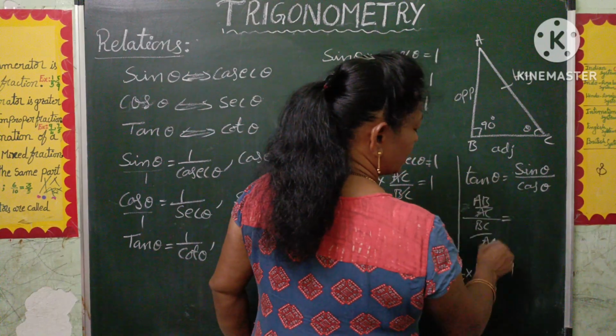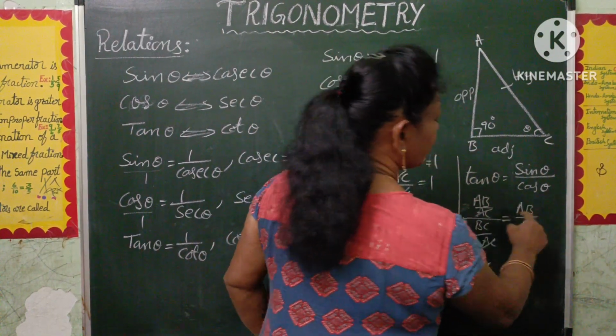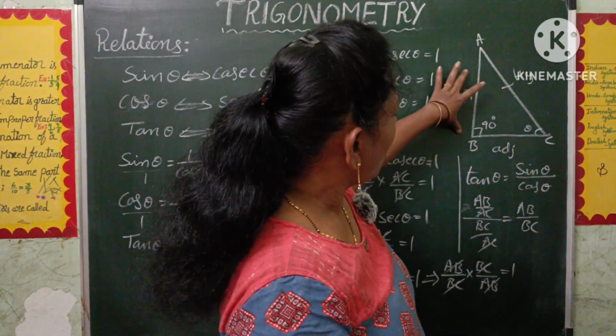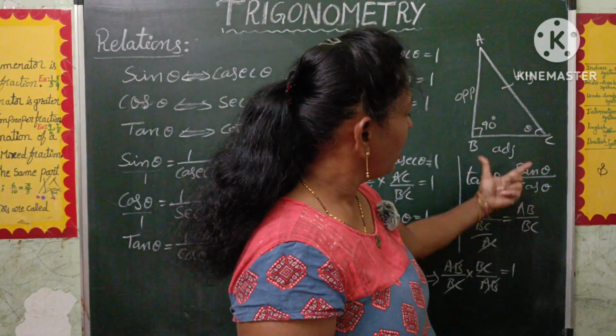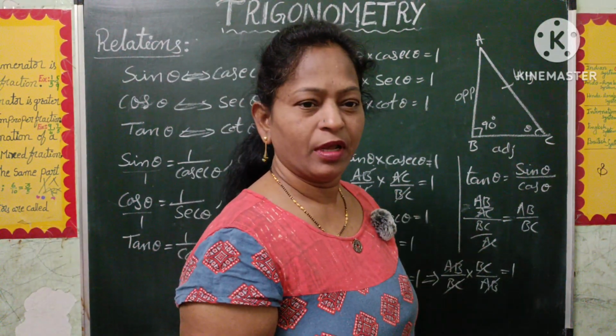Now the AC denominators cancel, leaving AB by BC. AB is opposite, BC is adjacent. That is the ratio of tan.